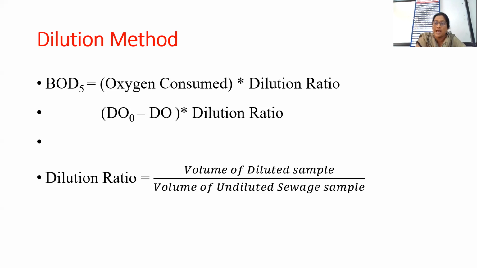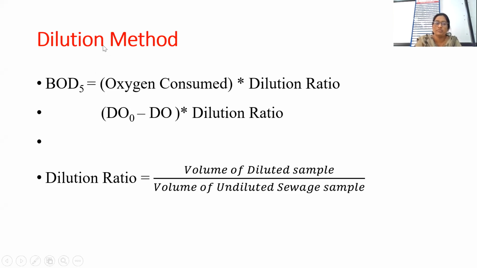It usually shows absent on the 0th day itself. So for that purpose, we need to dilute that sample with distilled water, and then you can find out the dissolved oxygen level by using the same method as the direct method. That method is known as the dilution method.